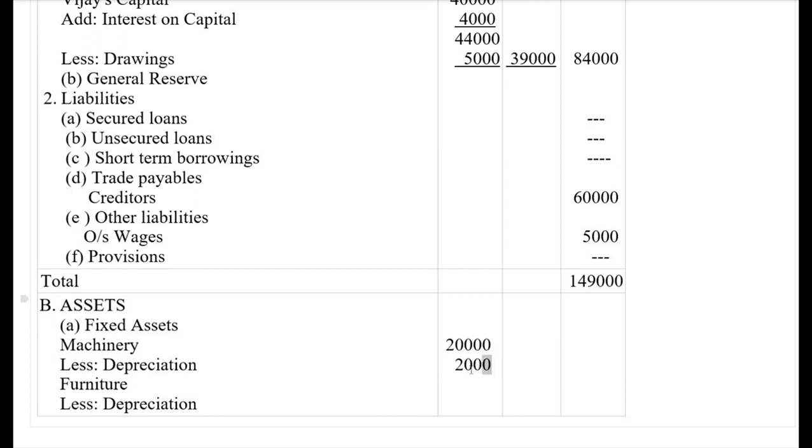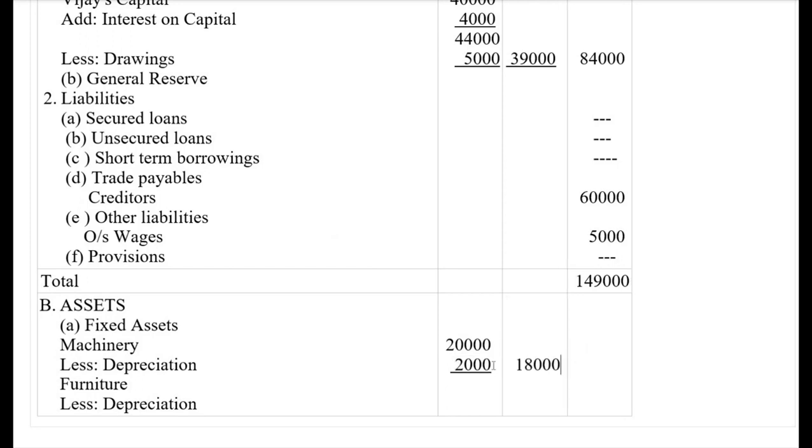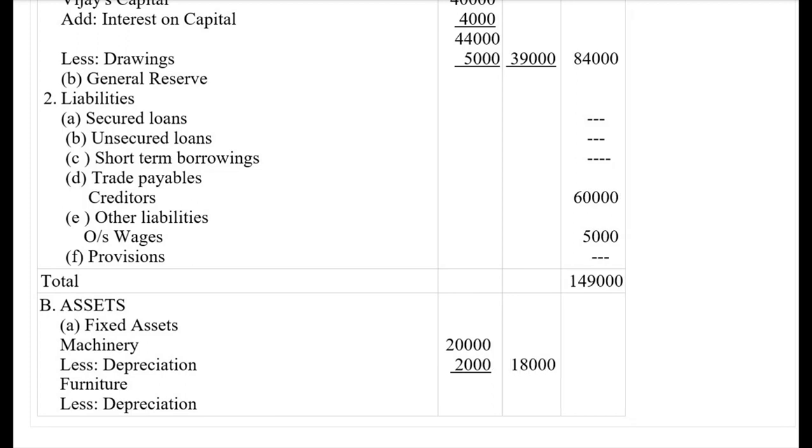So that is underlined here. 18,000. Then the value of furniture which is given in the problem is rupees 10,000.